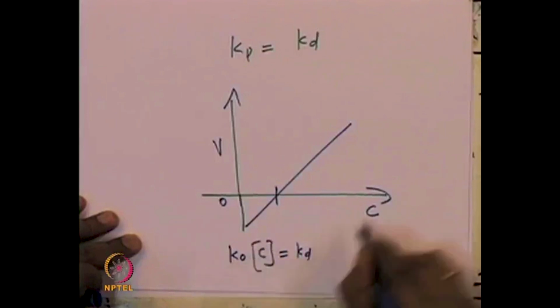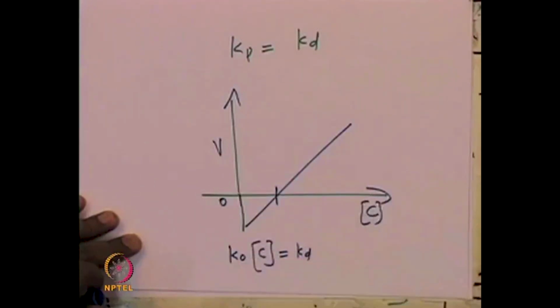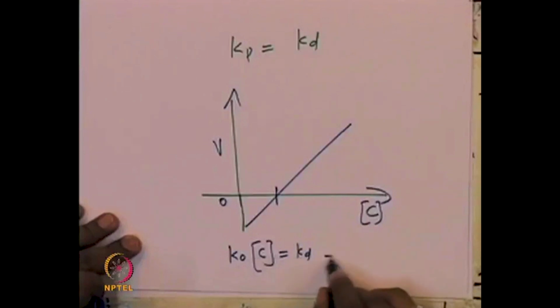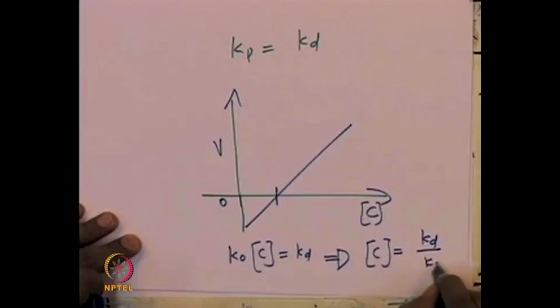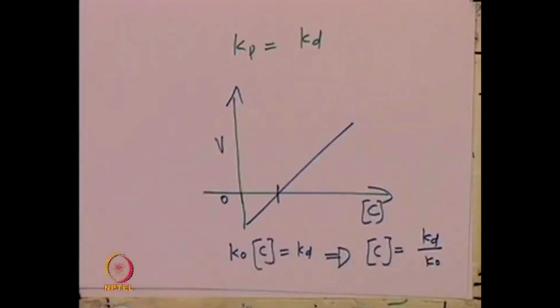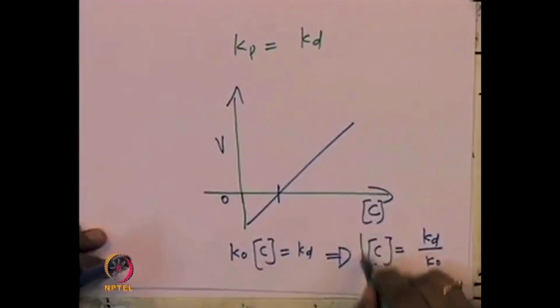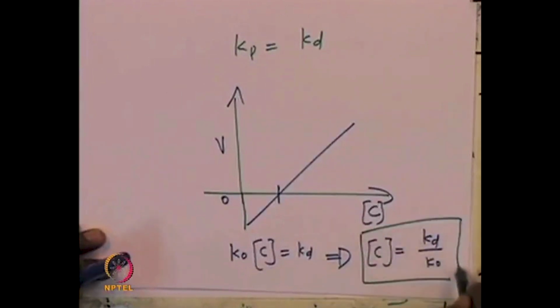So, C is the concentration, and the concentration at which they are equal is Kd by K0. So, this is known as the critical concentration. Kd by K0 will give you the critical concentration.